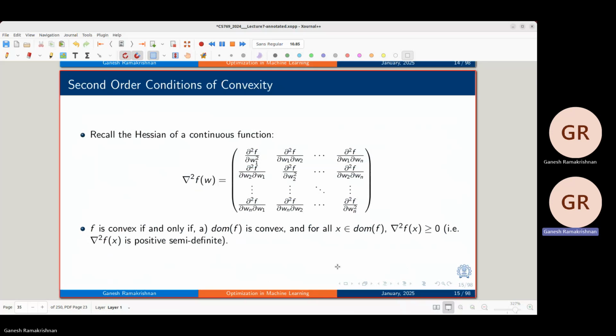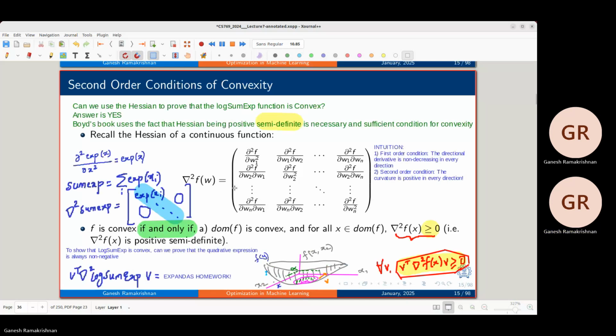These are equivalent. Sorry, I'll use a different color here, because this yellow is preserved for strong convexity. And the moment you get into strong convexity, you will say the Hessian of f(x) is greater than or equal to c times I, some c, the same constant c. You're basically saying that Hessian minus cI is positive semi-definite. The curvature has at least so much curve with respect to the identity. Same kind of extrapolation, right?